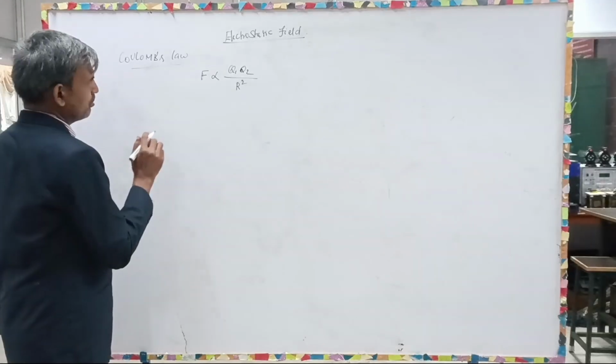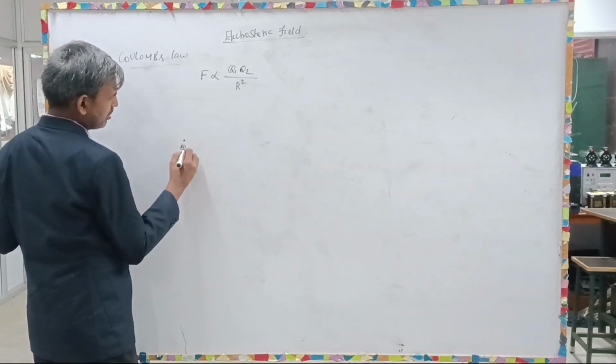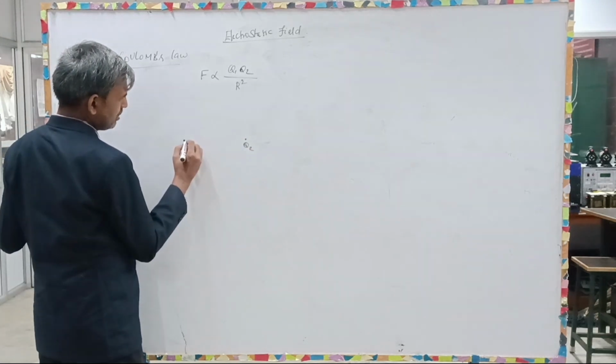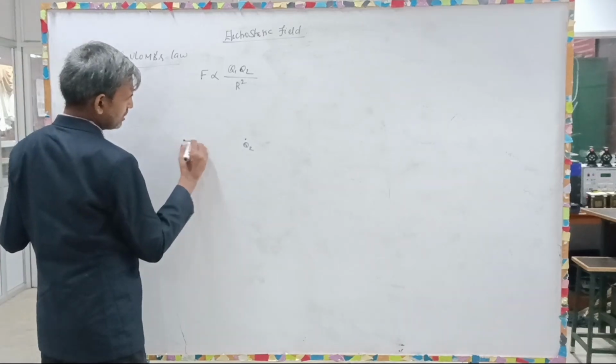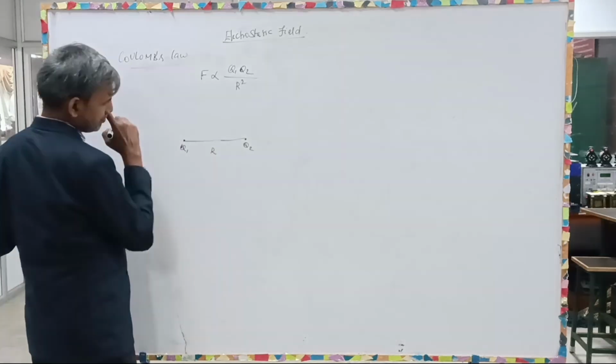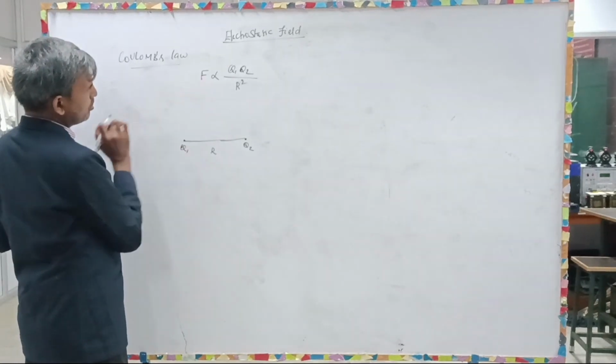Okay. So we are considering two point charges. One is Q1 and another one is Q2. The distance between these two point charges is R. So this is Coulomb's law.